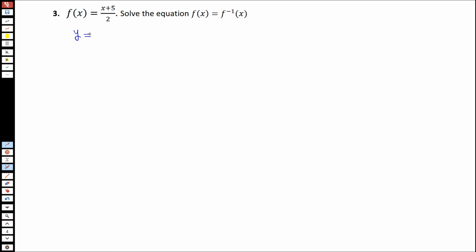So y will be equal to x plus 5 over 2. Interchange x and y. Solve for y, so 2x will be equal to y plus 5. So y will be equal to 2x minus 5. And that's basically the inverse function.